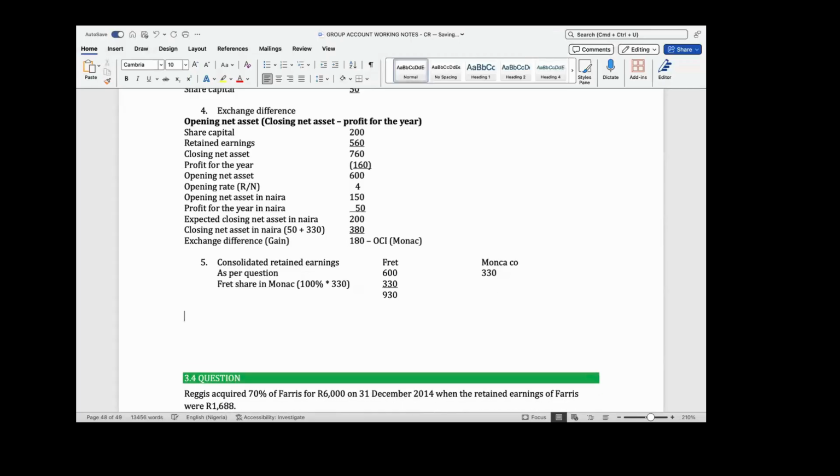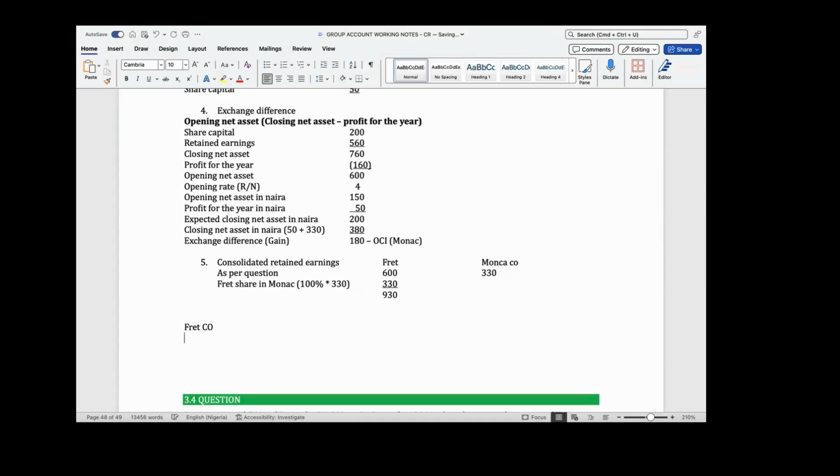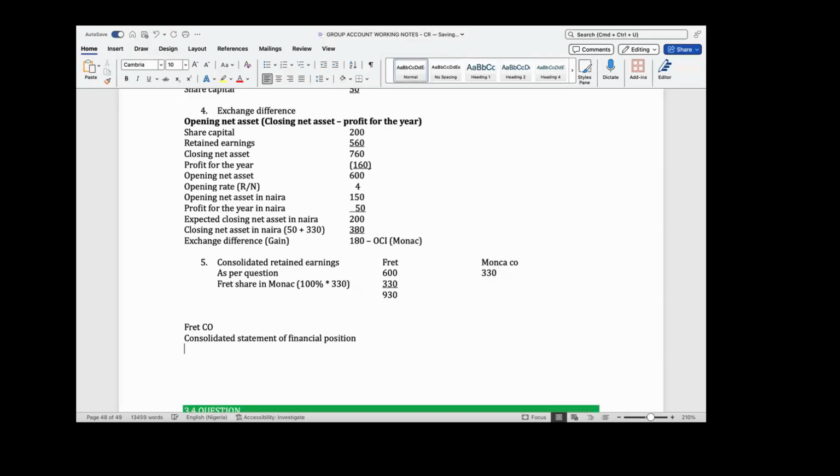So now we can prepare our consolidated statement of financial position as at year ended 31st December 2017 in Naira.